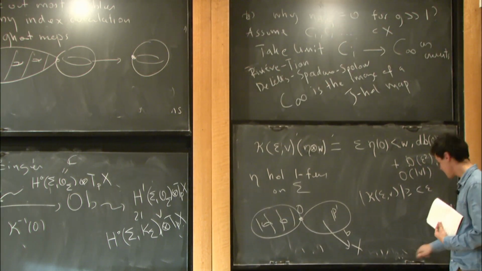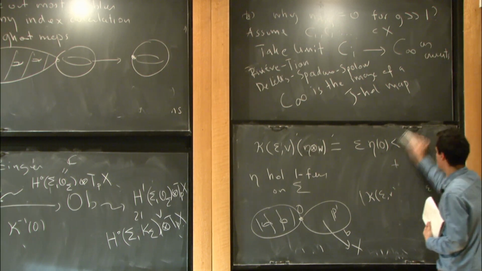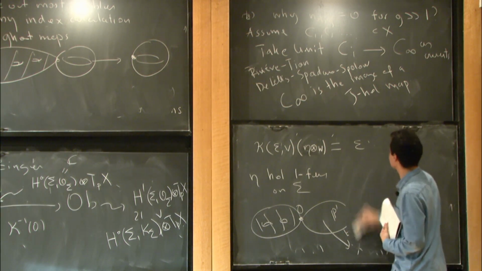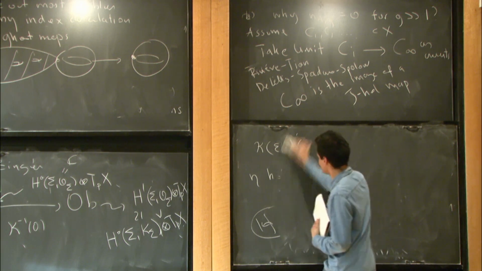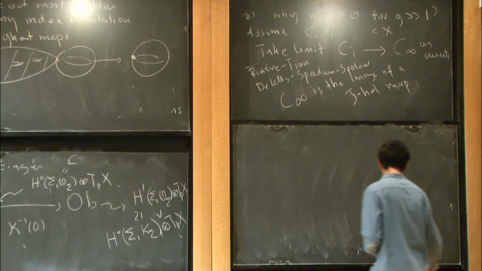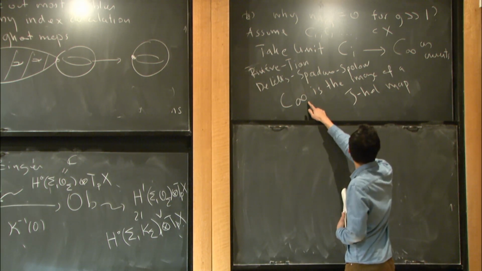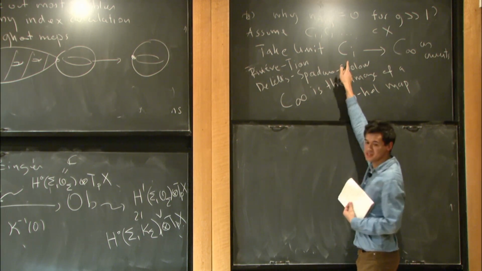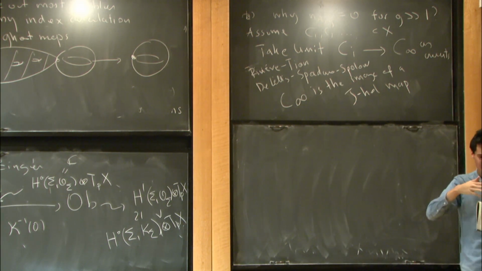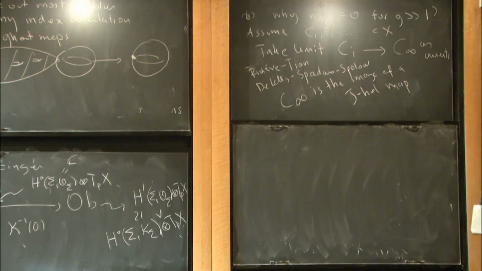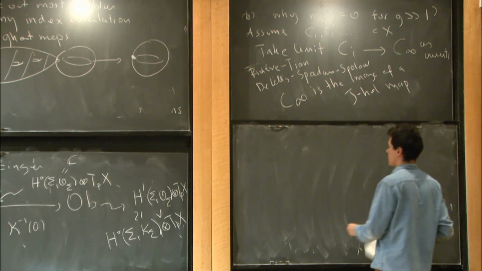So we don't have yet a contradiction, but to get a contradiction, you have to take a second limit. So to speak, you have to expand. Now you have some kind of limiting curve, and in some sense, you want to expand all these Ci in the Taylor series around C infinity.